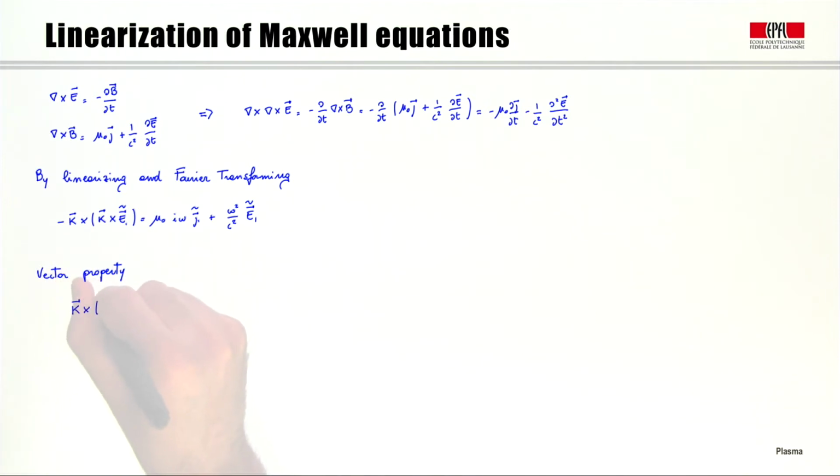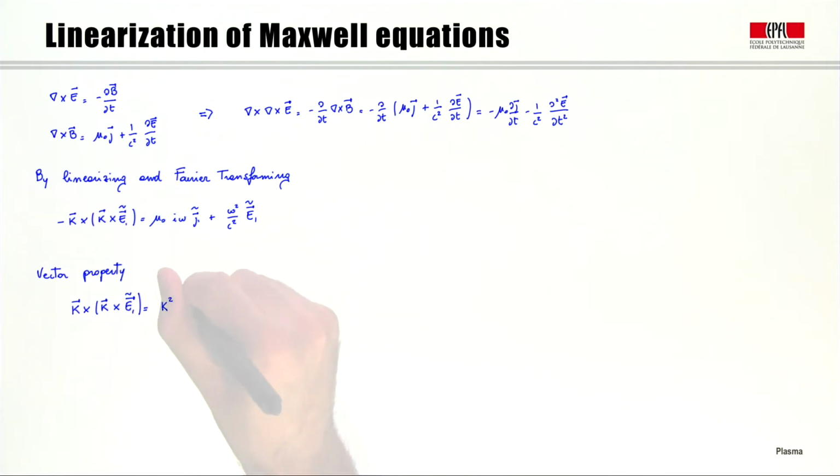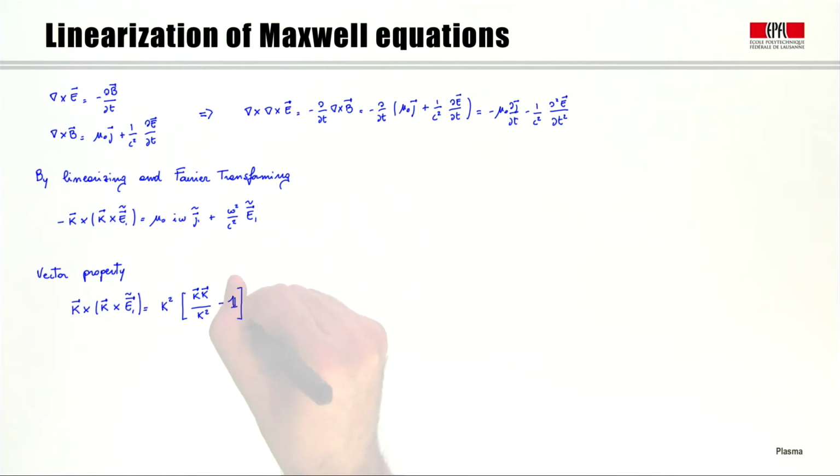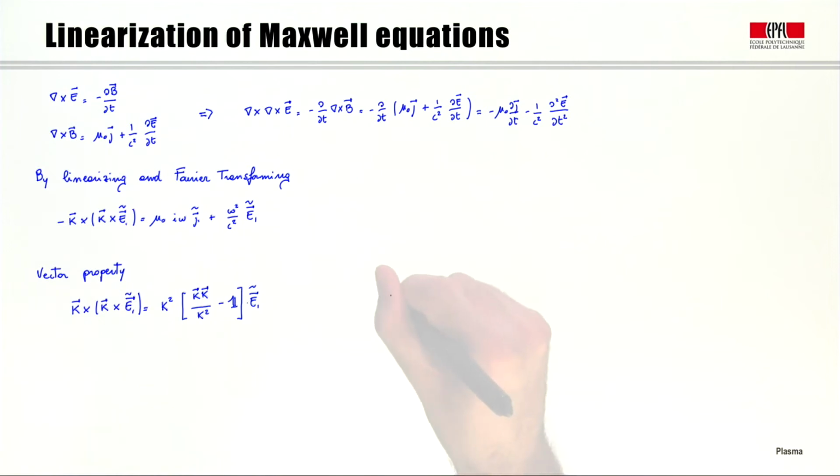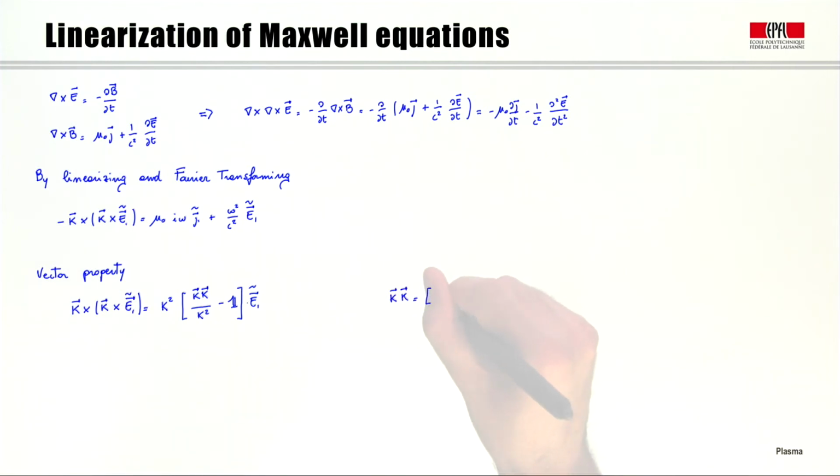k cross k cross E1 is equal to k squared, the modulus of k squared, times the tensor kk divided by k squared minus the unity dyad, times E1. Okay, what do I mean with the kk tensor?